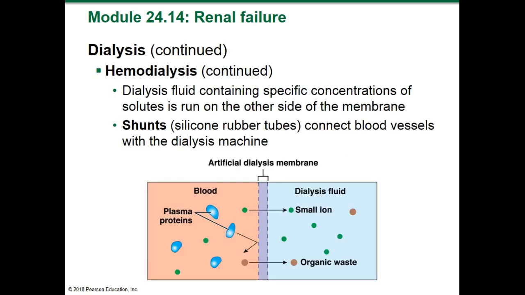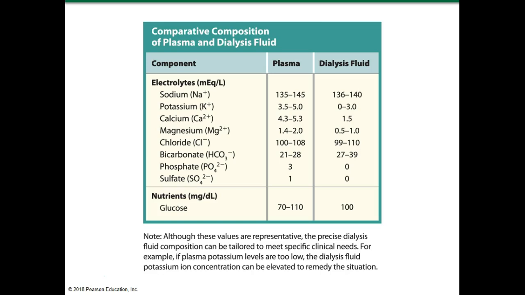The dialysis fluid will contain specific concentrations of solutes. It's run on the other side of the membrane. And then we have shunts, which are silicone rubber tubes that connect the blood vessels with the dialysis machine.